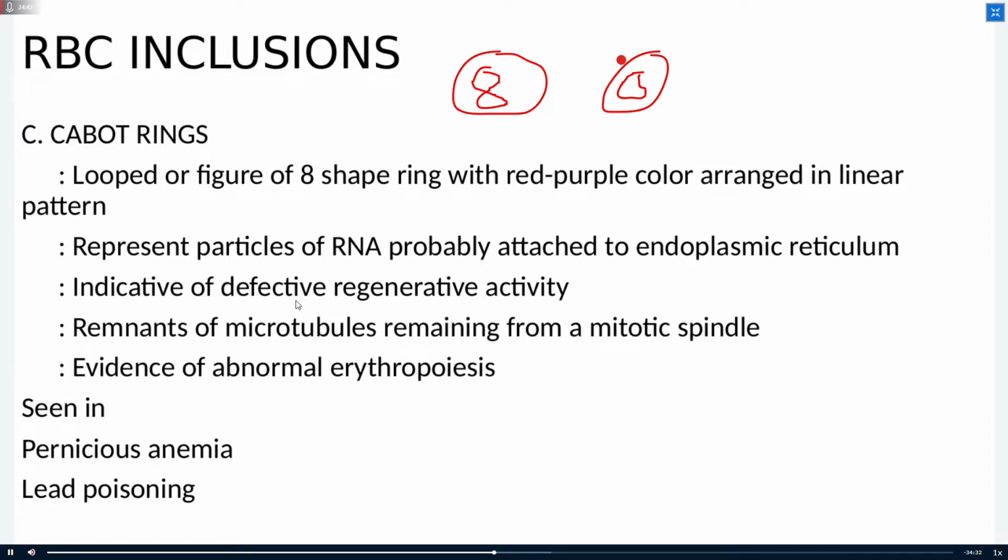This represents particles of RNA probably attached to your endoplasmic reticulum, indicative of defective regenerative activity. Cabot rings are composed of remnants of microtubules coming from the mitotic spindle.